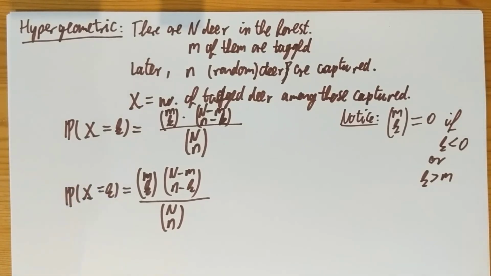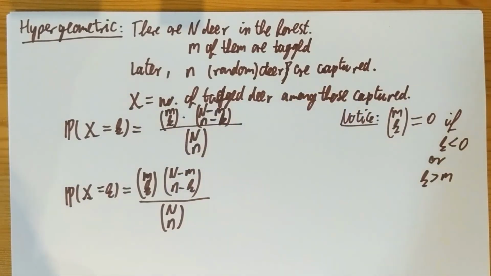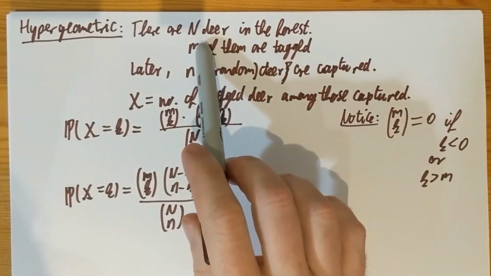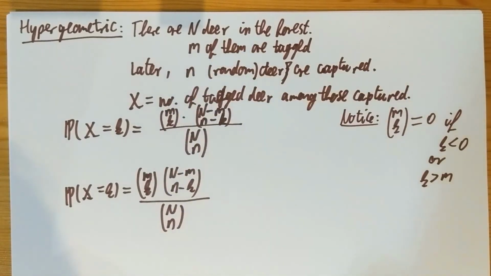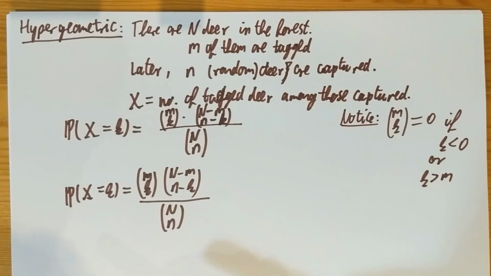And if you look at what X is, it is the size of the intersection. So what's really going on is that you have a set of N different objects, a subset of size m, a subset of size n, these are independent and random, and we're looking at the size of the intersection. That's what hypergeometric really is.